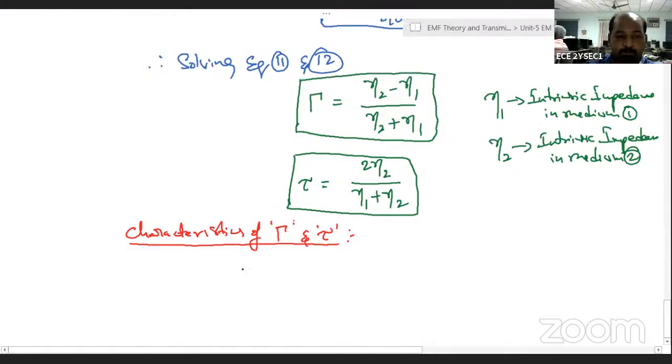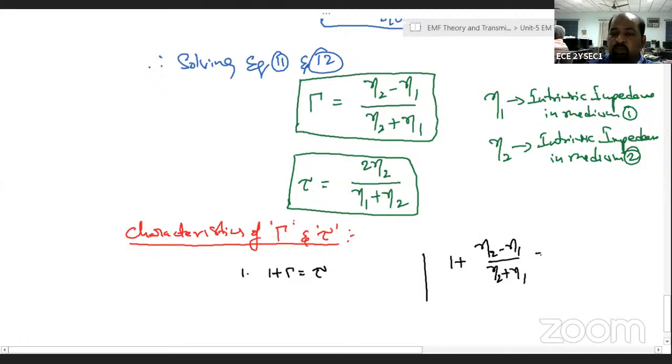Number one, 1 plus reflection coefficient is equal to transmission coefficient, right? So 1 plus reflection coefficient. So what is reflection coefficient? Eta 2 minus eta 1 by eta 2 plus eta 1.